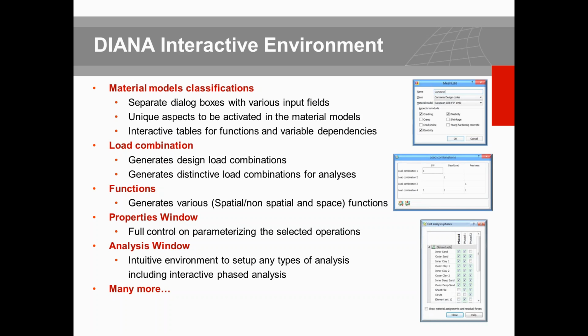From the material model and the corresponding classification, we introduce a new set of dialog boxes. Based on the type and class of material, the corresponding inputs get activated. And moreover, we have a series of aspect selection icons.